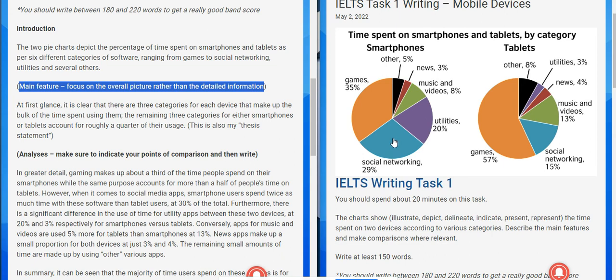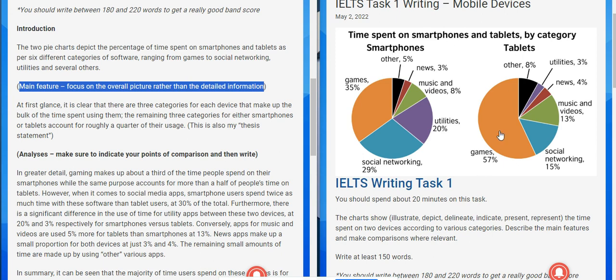So the three major categories on smartphones, with the highest being games at 35%, then social networking at 29%, and utility. I hope you get the direction of how to point this out.